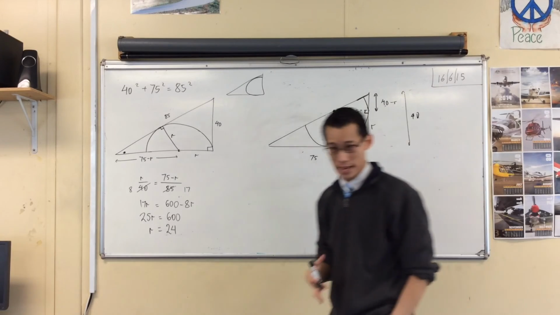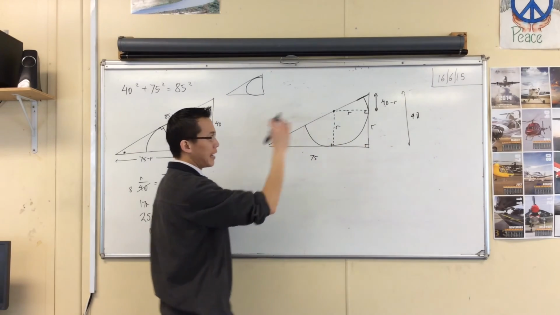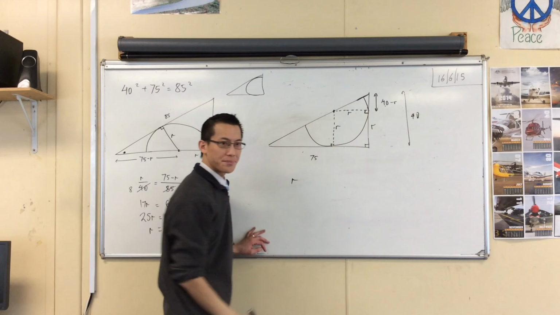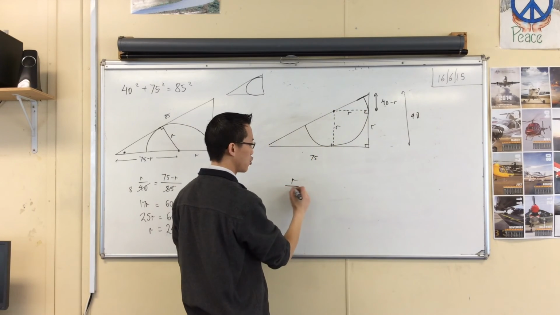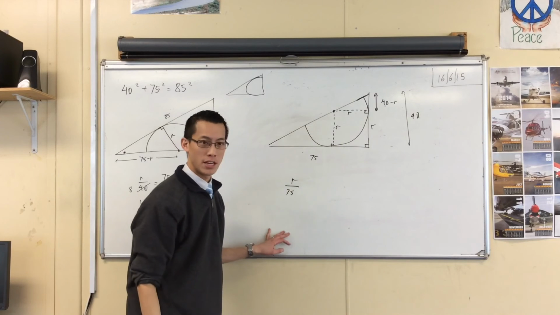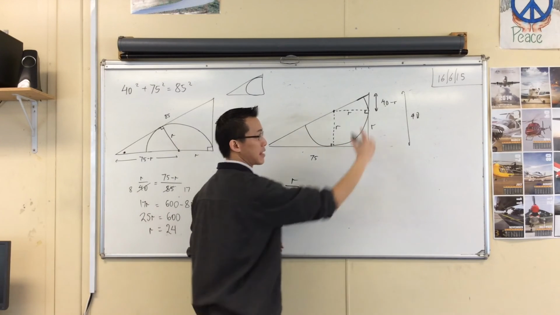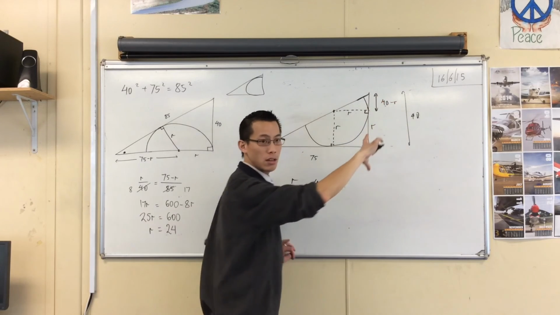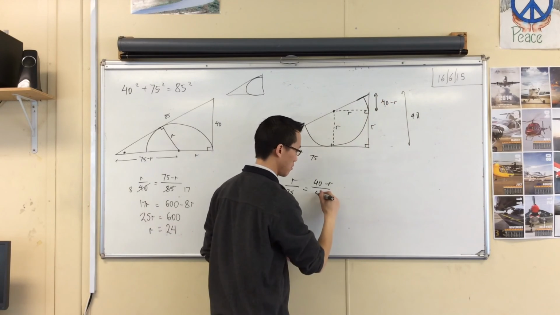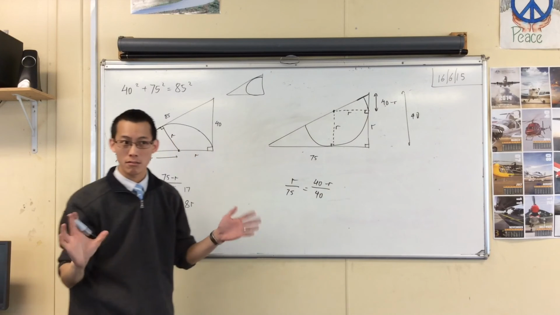So now I can do my comparison, okay? In the small triangle R, that's the longer non-hypotenuse side. So it should be 75. Yep. I compare that to the vertical one, that's 40 take R on the shorter non-hypotenuse side, which is 40. Right? Are you satisfied with that statement?